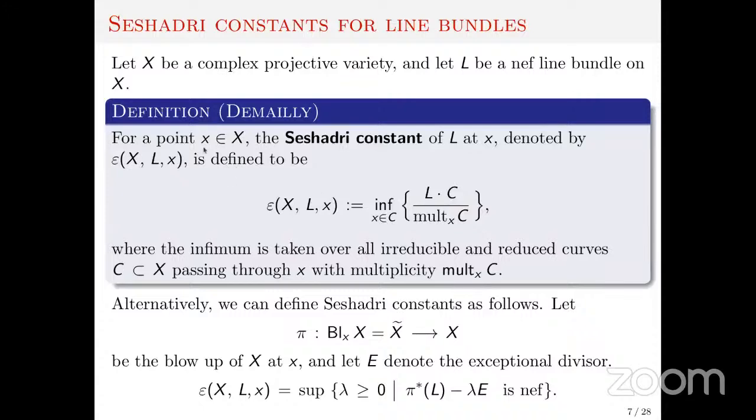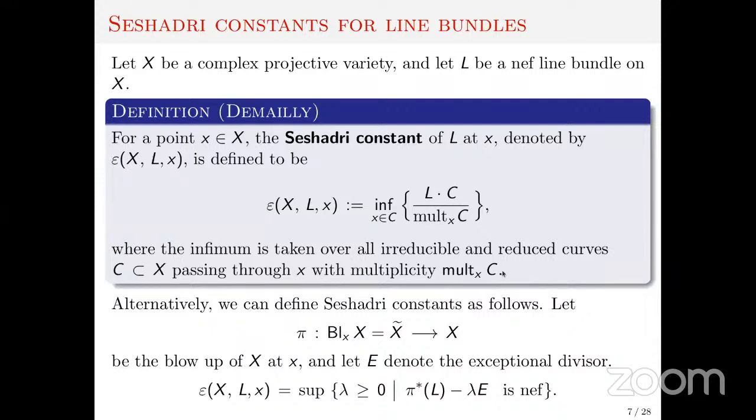So for a point x in X, the Seshadri constant of the nef line bundle L at x, which we denote by epsilon(L; x), is defined as the infimum of these fractions, L dot C divided by the multiplicity of the curve C at x, and this infimum is taken over all irreducible and reduced curves passing through x.